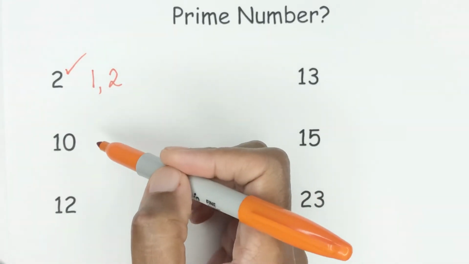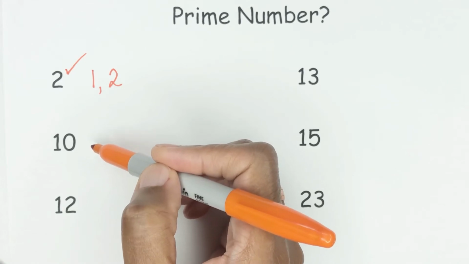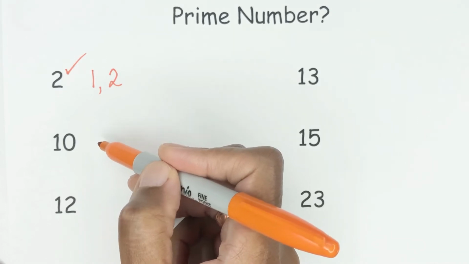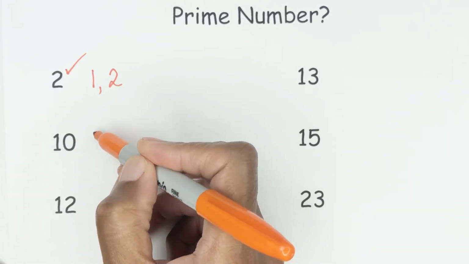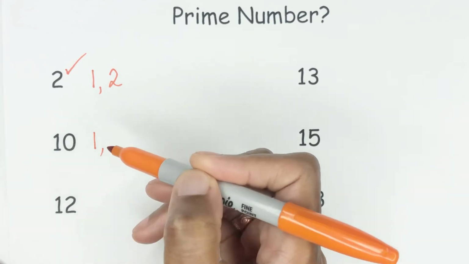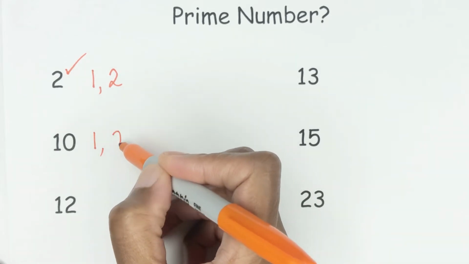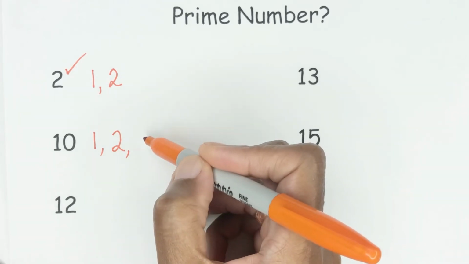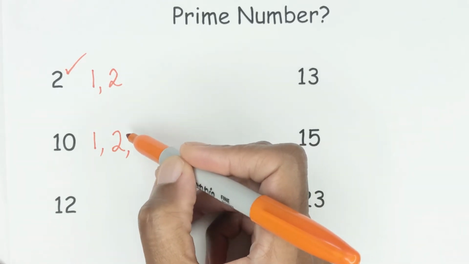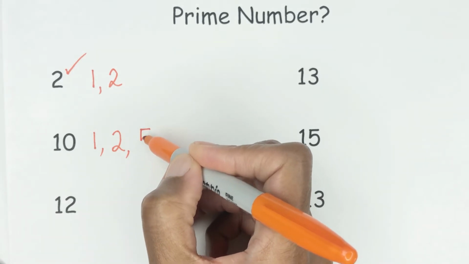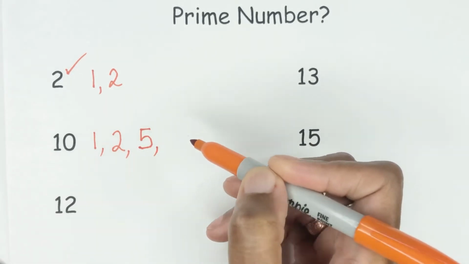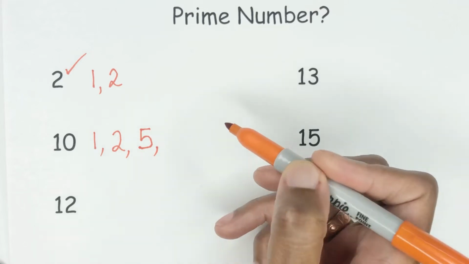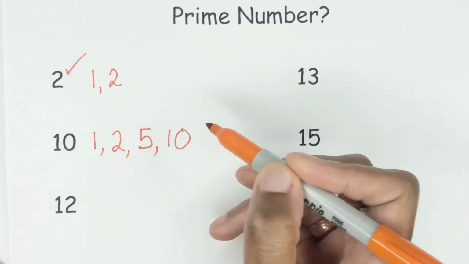Tick. Okay, let's have a look at number 10. Is number 10 a prime number? Well, let's look at the factors. What factors can multiply to make 10? 1, definitely, that's 1 times 10. 2, yes, right, 2 times 5. 3, no. 4, no. 5, yes, right, because 5 times 2 is 10. 6, no. 7, 8, 9, no, and obviously itself, right?